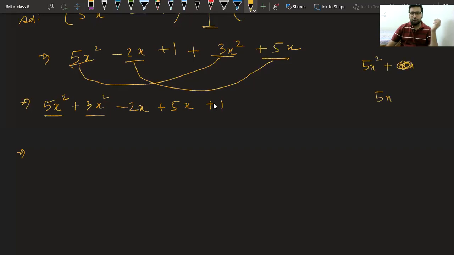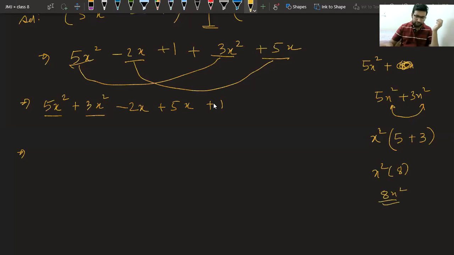We have 5x square plus 3x square. We actually take x square common. If x square is common, we are left with 5 plus 3. It becomes 8, and that is why this answer came. But we normally write the answer directly as 8x square. Similarly, what is the answer of these two? Class, what is the answer of minus 2x plus 5x?